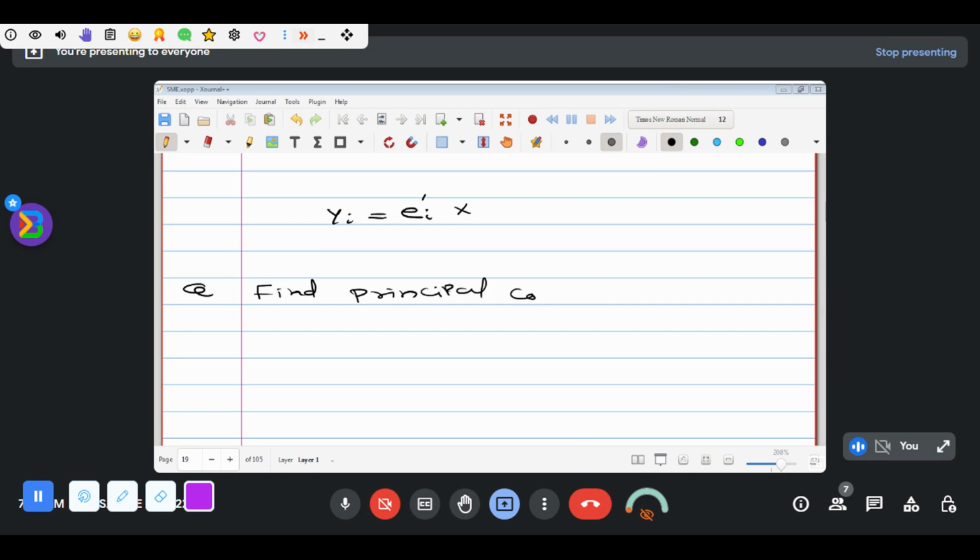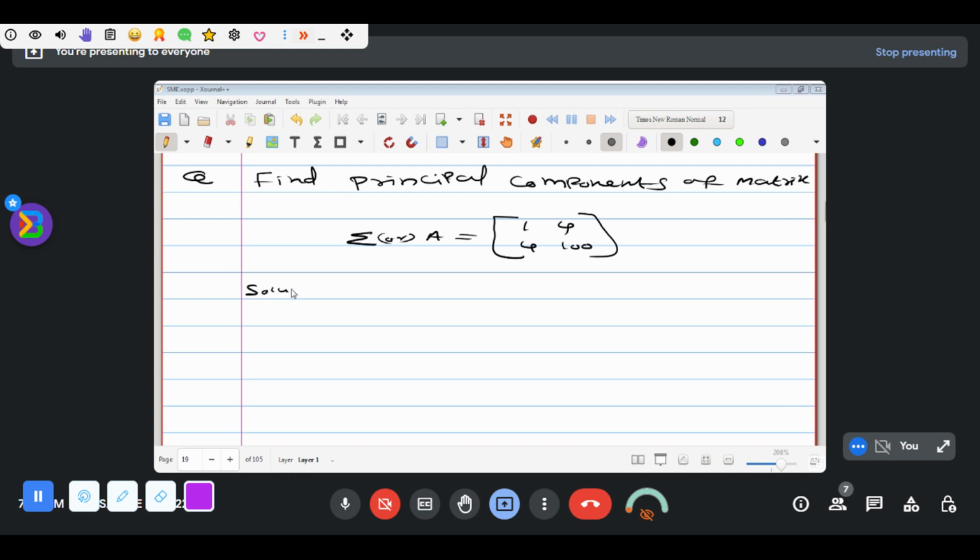Find principal components of matrix sigma or A. Sigma means, as you already know, the covariance matrix, which equals 1 4 4 0 0. Okay, so I move to the process.